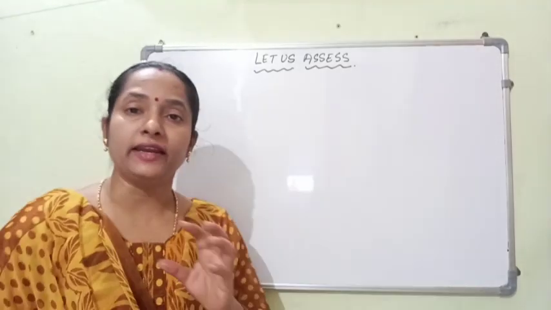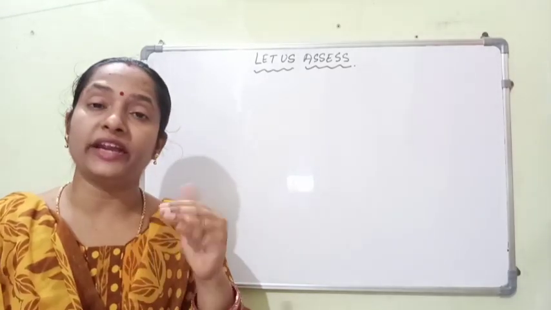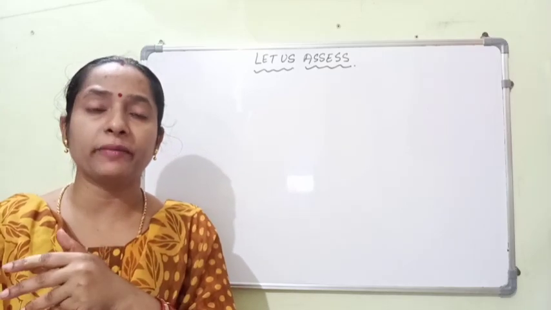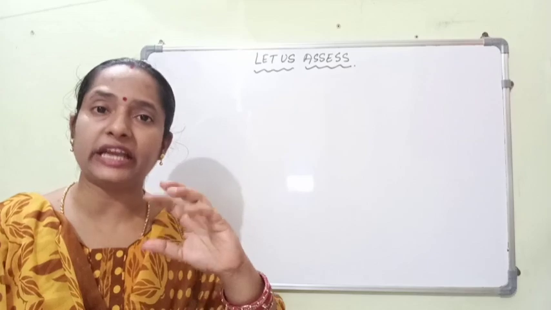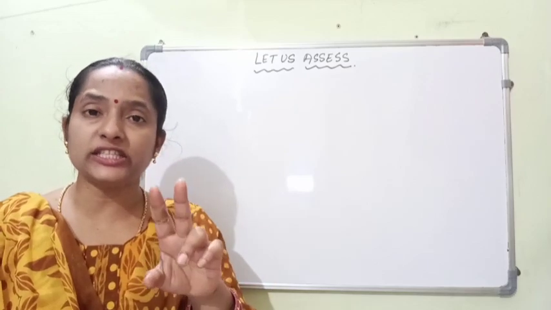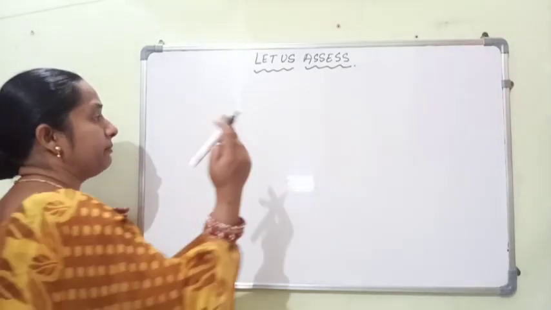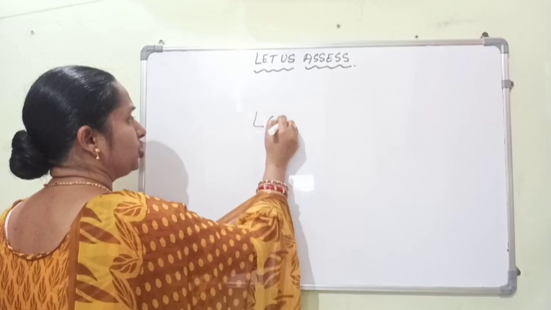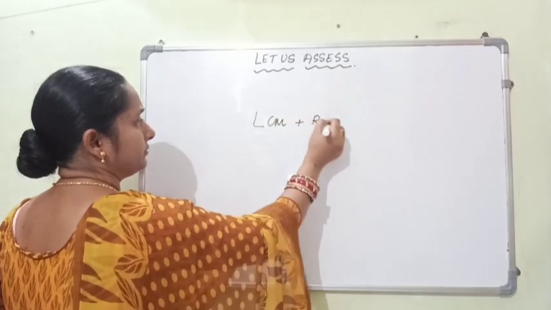Whenever you are asked to find the greatest number that can divide the given numbers and leave some remainder, or find the least number that can divide the given numbers leaving some remainder, remember the procedures. In case of finding the smallest number, the solution is LCM plus the remainder.